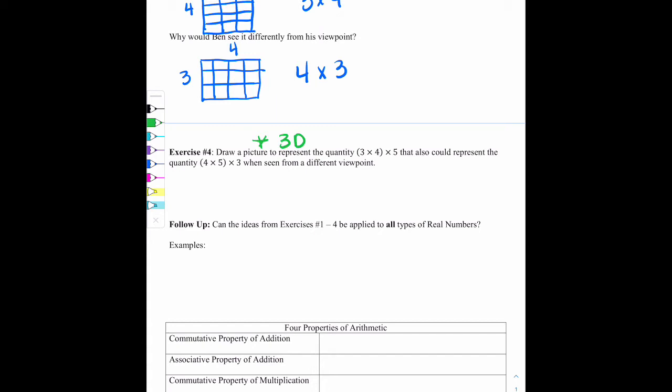So think about it as the first 2 in parentheses are telling you the rectangle that you will draw. So if we look at the 3 times 4 and we draw it, say like this, we're going to make 3 this way, and then we're going to make 4 this way. So this is a 3 by a 4. But then it's going to have a depth of times 5.